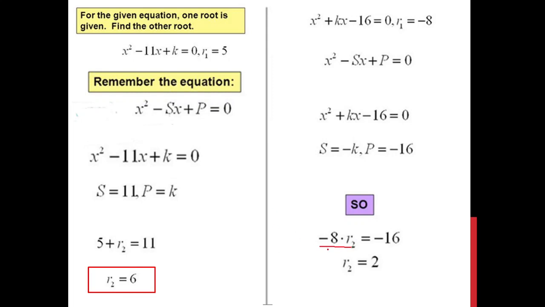So dividing both sides by negative 8, this will cancel out, equal to 1, leaving us with our second root. Negative 16 divided by negative 8 will give us our second root, which is 2.